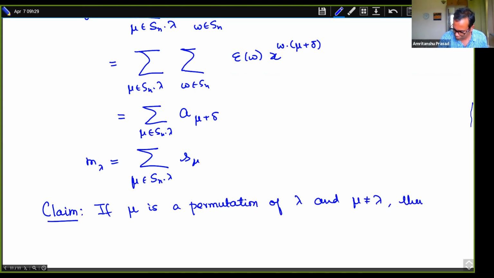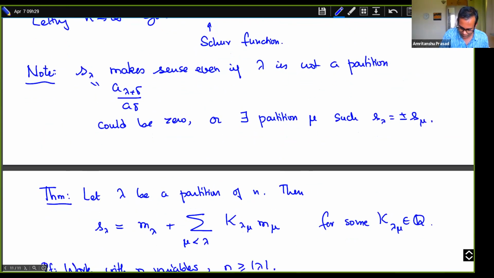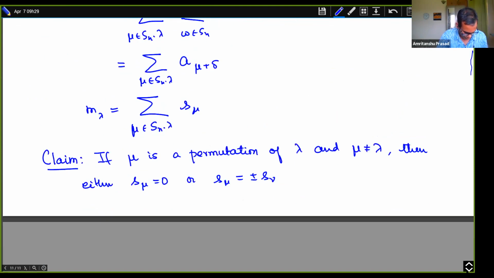Then either s mu equals 0 or s mu is equal to plus or minus s nu. We always had this dichotomy, this is either 0 or this thing, but now I'll add the point that nu is strictly less than lambda. And why is that?